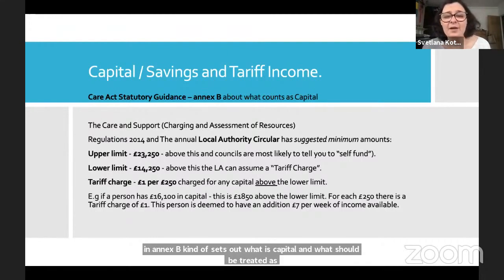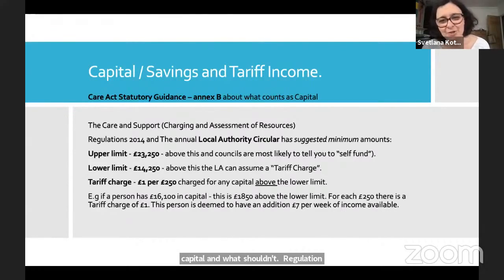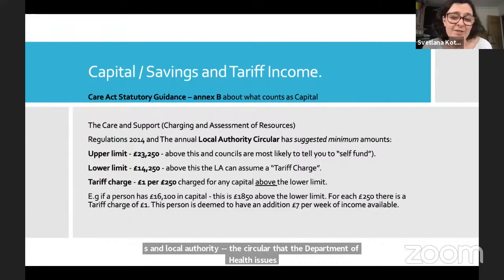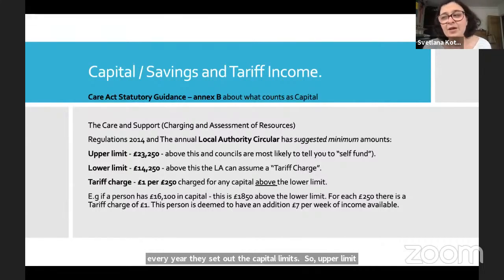The regulations and the local authority circular that the Department of Health issues every year set out the capital limits. The upper limit is £23,250. If you have savings or stocks or whatever above this amount, you will be a self-funder, unless the local authority's charging policy says otherwise.